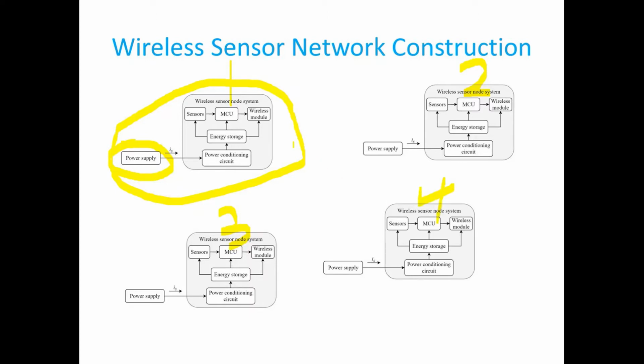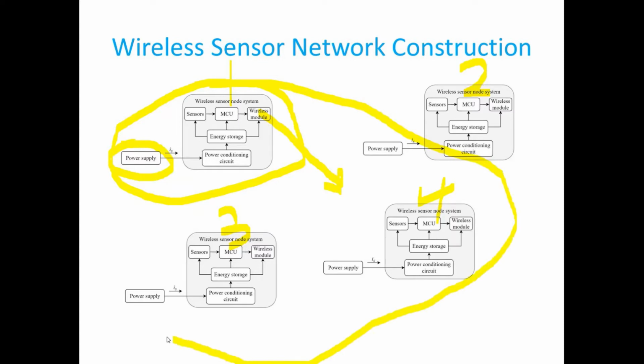Okay. So now if, for example, wireless sensor node 1 needs to send data to node number 4, for sure the coverage area of this RF might cover 4 and 3. Okay, the coverage area of RF number 1 can cover 4 and 3.